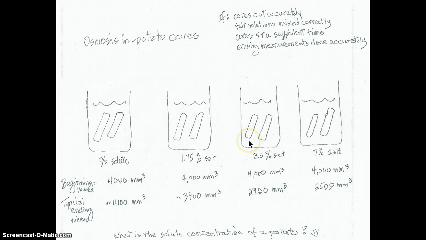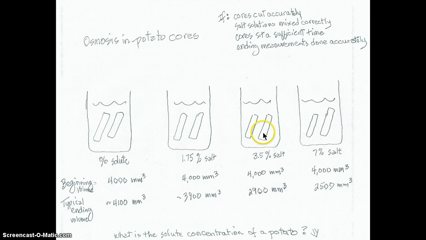That was even more pronounced, and the results should have been really obvious in the 3.5% salt. So starting with 4,000 cubic millimeters, sitting in 3.5% salt for a while, the ending volume is somewhere around 3,000 or 2,900, 2,800, 2,700 cubic millimeters. A lot of that final number depends on how long they sat in the water. But they would have obviously gotten quite a bit smaller.